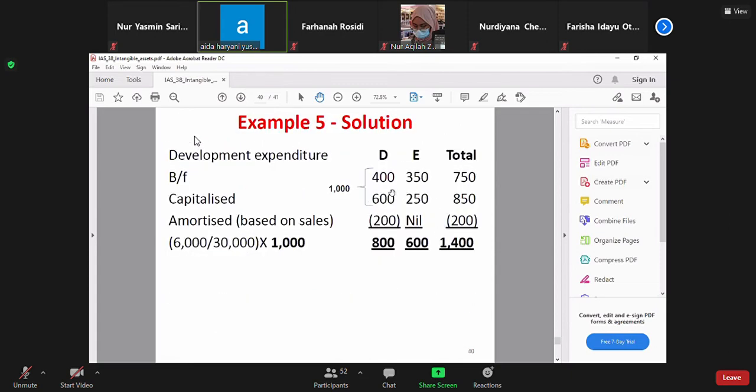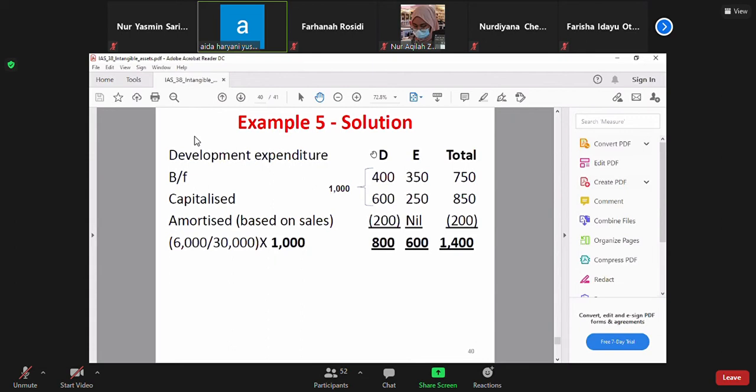This is the cost incurred. You already know the cost incurred, it did research. Research is this one, 430 and 350 for project D and E. But when it knows this research will bring development cost, it capitalises the 600 development cost. So it combines research and development.